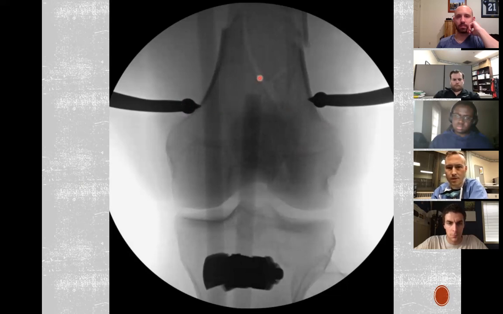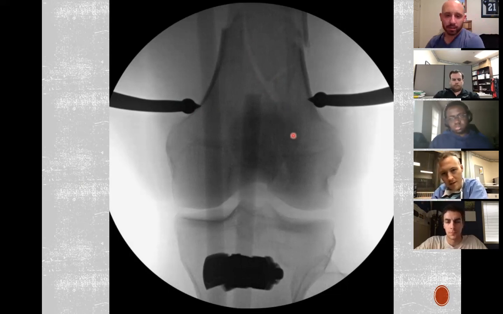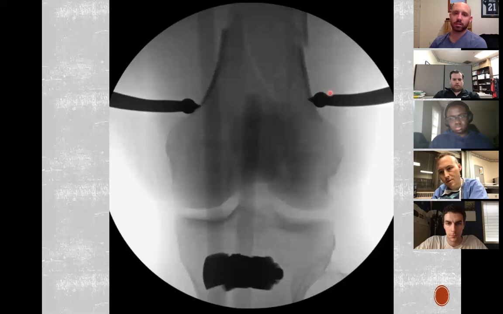But you can see there's still gapping here. I think you can see on your screens that it looks like this knife went down and is still splitting this open. And so we weren't satisfied that we had adequately reduced this.